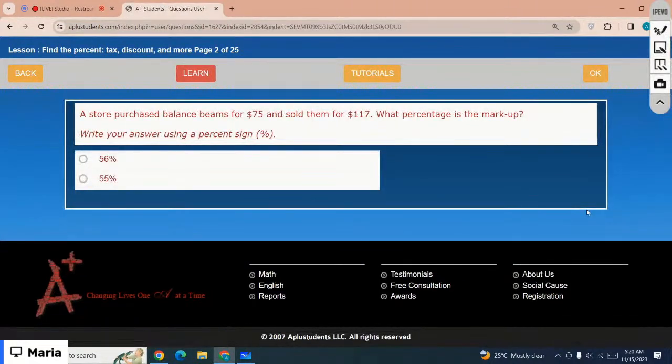Okay, the next one is the store. A store purchased balance beams for $75 and sold them for $117. What percentage is the markup? So you have to do exactly the same one. The original price is 75, or you can say the purchase price, right? And the selling price is 117. So you have to calculate the percentage markup, right?